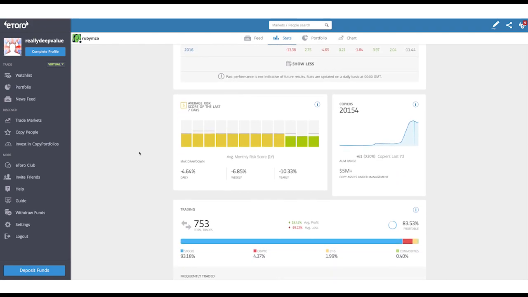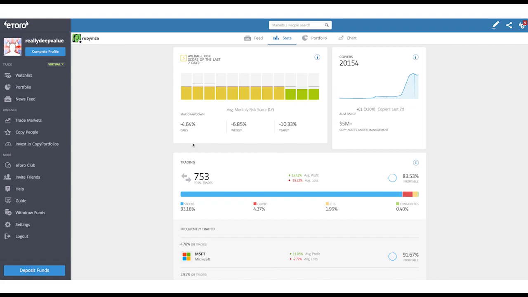It's not bad. Average risk score 5, and here we see the max drawdown shown for daily, weekly, and yearly views. Now, drawdown, what does that mean? Essentially, historically on the daily view, the portfolio value can fall by up to minus 4.64%.